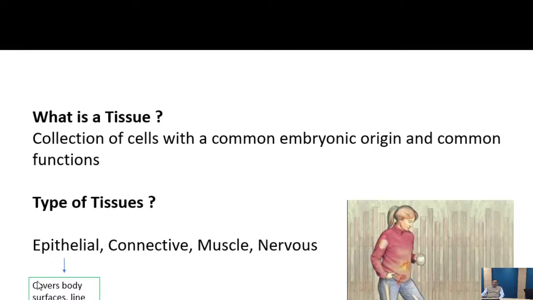Now, as you can see over here, epithelial tissue covers body surfaces. From the mouth to the anus, we also have an inner lining of the body cavity, and it lines the hollow organs. It will line the mouth, the esophagus, the stomach, etc., the gut. It will also line other body cavities like that of the urinary tract. It will line the thoracic and abdominal cavity, which contains the organs, and we call them the serous membranes.